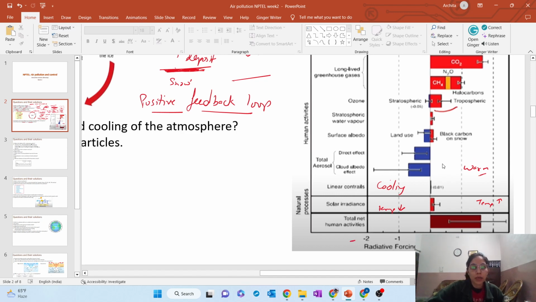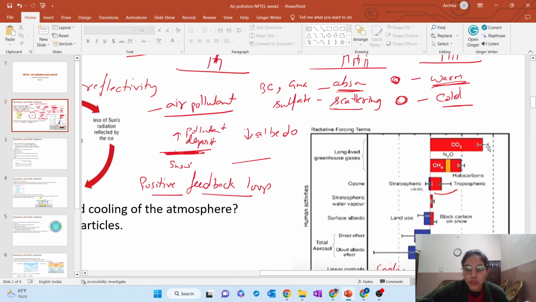Now there are different particles that are shown, and their effect on the radiative forcing of the atmosphere is shown. Okay, so let's start with CO2. CO2 is one of the major greenhouse gases, and it has a longer lifespan. It shows positive radiative forcing.